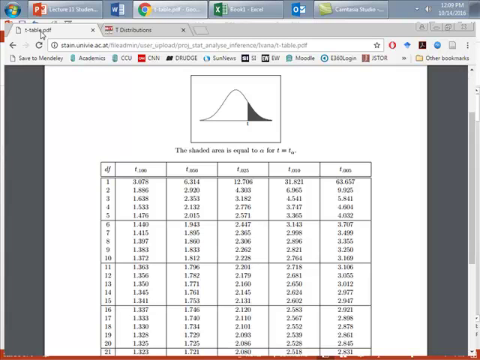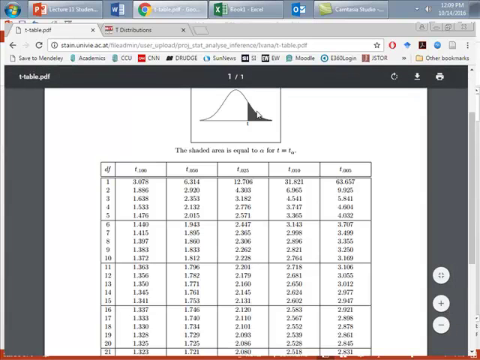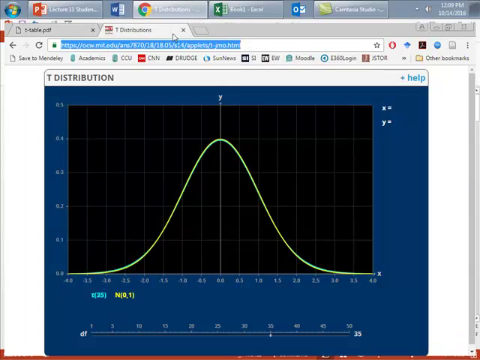Let me explain to you why we have to have a different distribution. Because if you're looking at this, what kind of shape is this? It looks like a bell curve, right? Well, there's a slight difference. This is the normal curve with a t distribution overlaid on top of it.